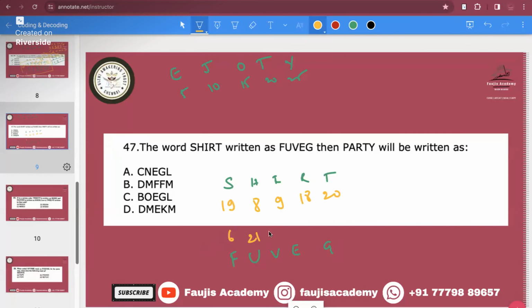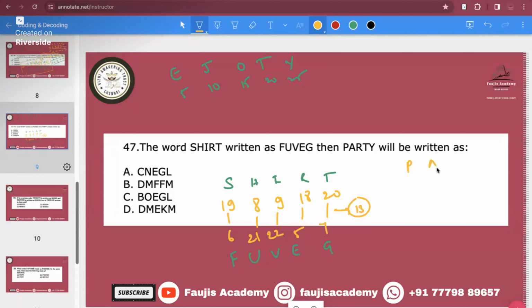E is 5, E, F, G. What is the difference over there? All the difference is 13, right?